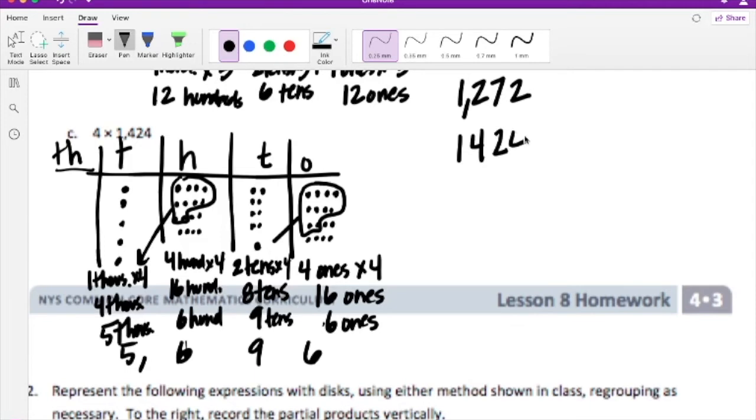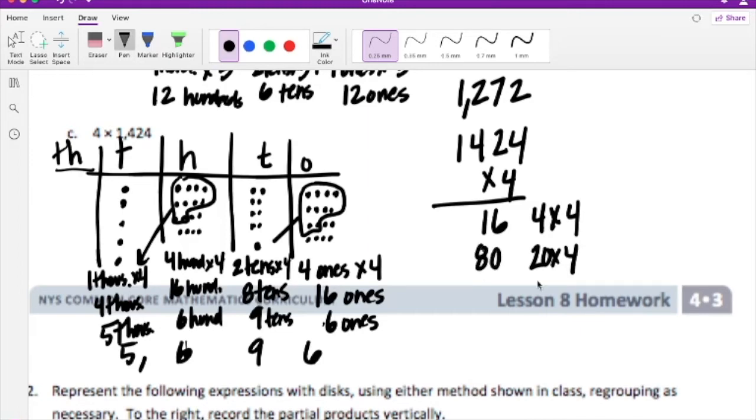partial products. Okay, 4 ones times 4, that's 4 times 4. That's 16. 2 tens times 4, that's 20 times 4. That is 80. 4 hundredths times 4, that's 16 hundredths.